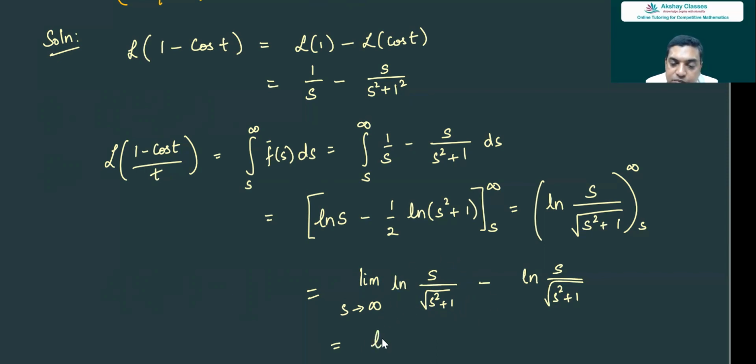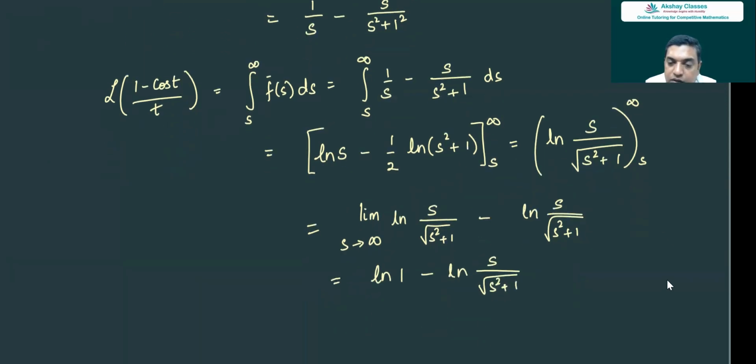So this becomes log 1 minus log of s by under root s square plus 1. Okay, so this is log of under root s square plus 1 by s. We can also write this as half log s square plus 1 minus log s.